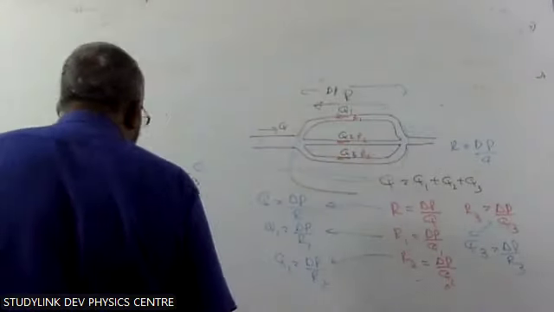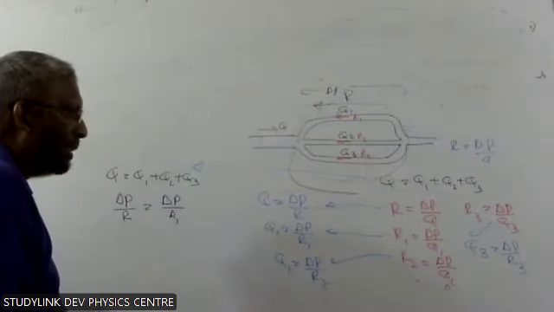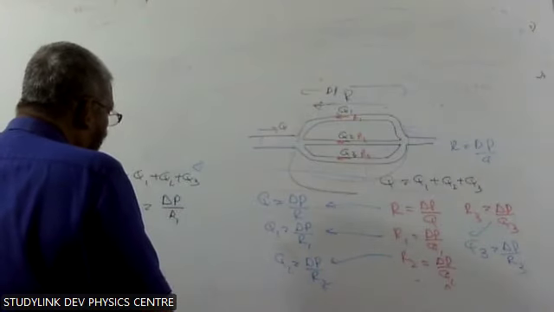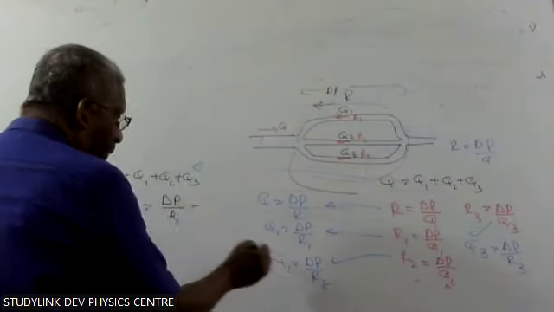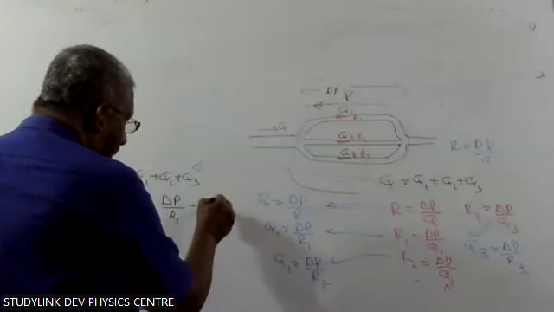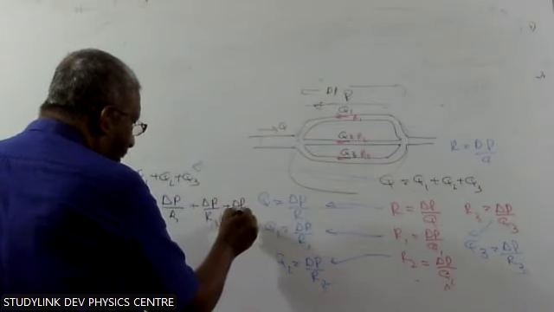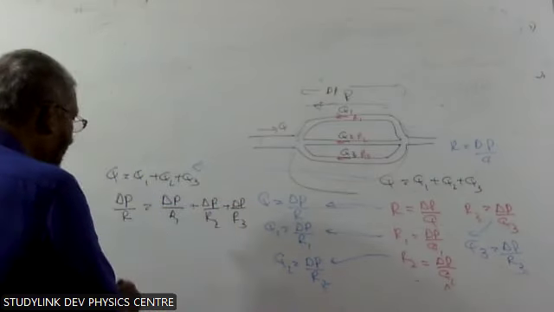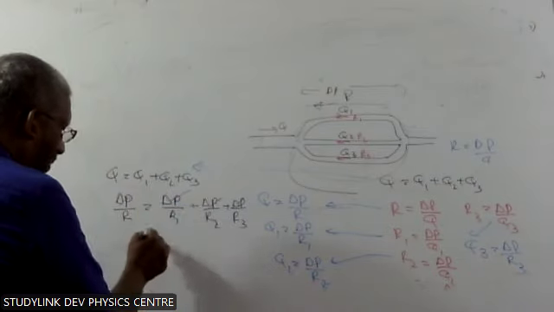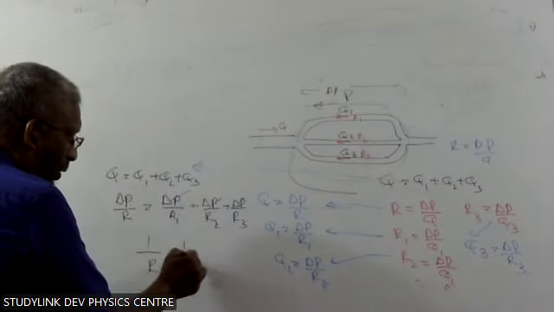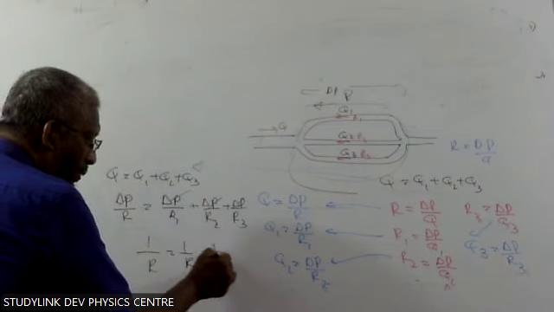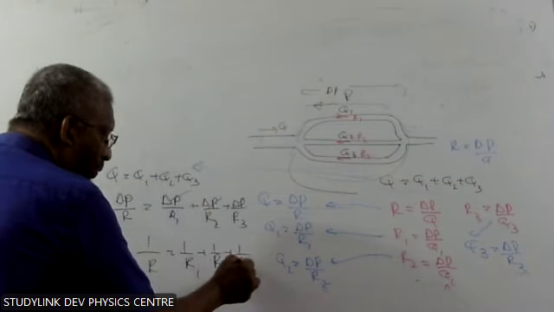That is R. Then Q2 is delta P over R2, and the other one is delta P over R3. Delta P cancels off. 1 over R is equal to 1 over R1 plus 1 over R2 plus 1 over R3.